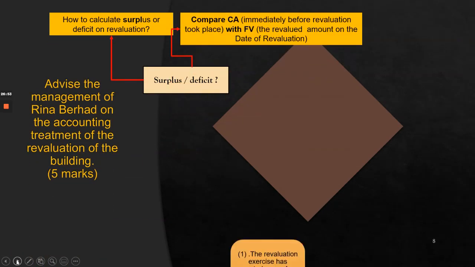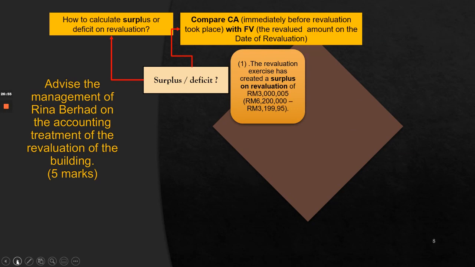So in our case, there is a surplus. Why? Because the fair value was 6.2 million on the date of revaluation, the 30th of June 2020. You will compare it with the carrying amount also on the date of revaluation.